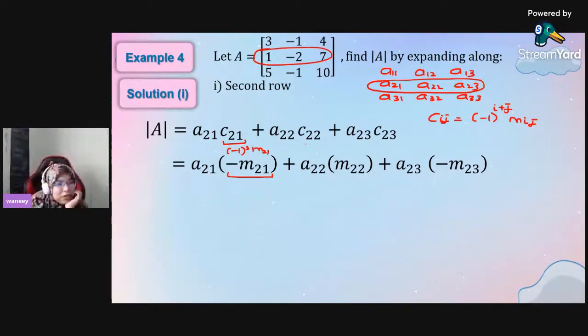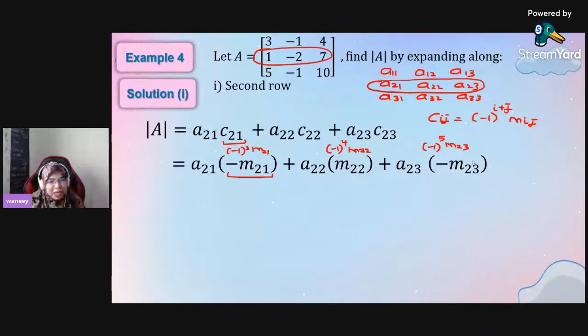And then of course C22, so this is negative 1 to the power of 4 M22, so that is why you still get M22. C23, that is negative 1 to the power of 5 M23. So negative 1 to the power of odd, that is how you get negative M21. So from cofactor, I change it to minor.